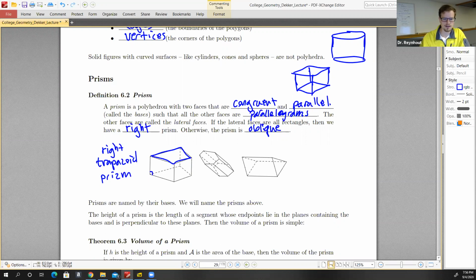Here we have a six-sided figure for our prism. These lateral faces are not rectangles, so we'll call this one an oblique hexagonal prism.